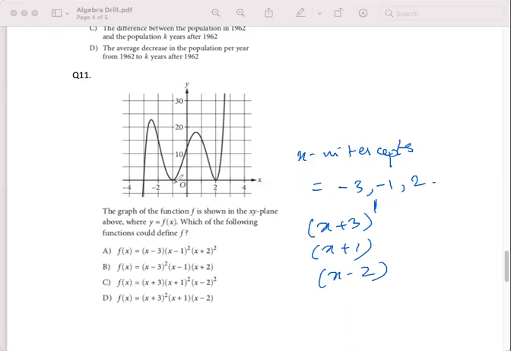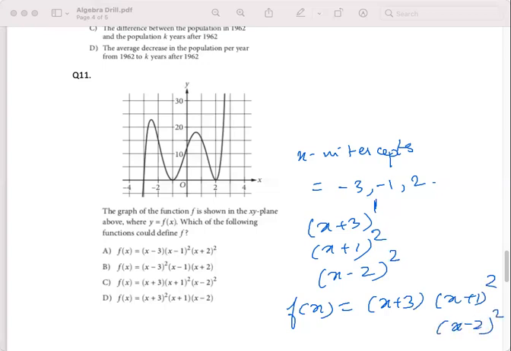It's a square because the graph is turning from the axis. So this is a repeated root. So my answer should be f of x equals x plus 3, x plus 1 whole squared, x minus 2 whole squared, which is option C, right?